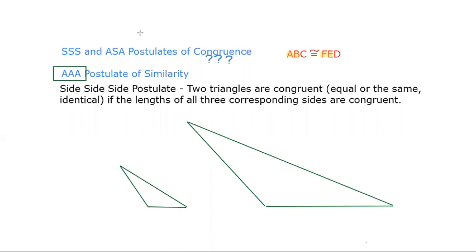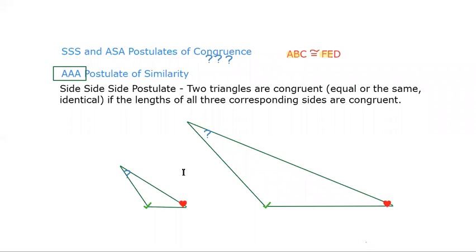Obviously, all three angles inside are not identical to each other. So what I mean is, are all three of these angles the exact same? No. But if we look at this in relationship to the smaller triangle, those angles are congruent to one another. But the triangles are not equal.